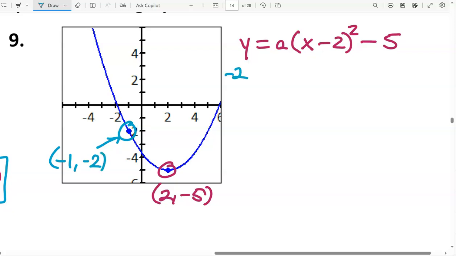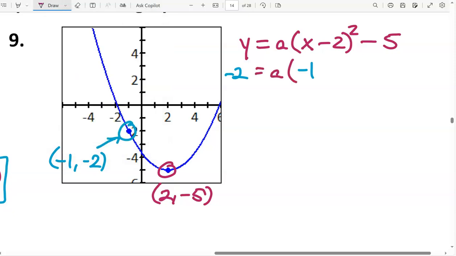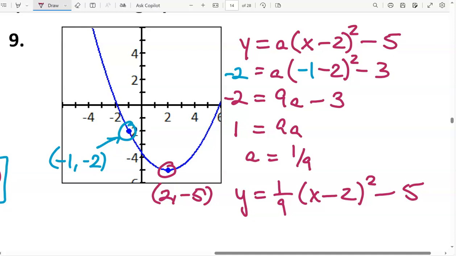So I'm going to replace y with -2 and x with -1, and then use that equation to solve for the value of a. So negative 1 minus 2 is negative 3, squared is 9, so we have 9 times a minus 3. Remember, those are unlike terms and cannot be combined. So adding 3 to both sides, 9a is equal to 1, and a is 1/9. So the equation of this parabola is y equals 1/9 times (x minus 2) squared minus 5.